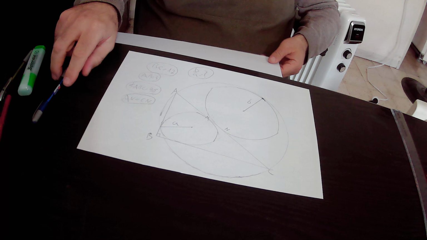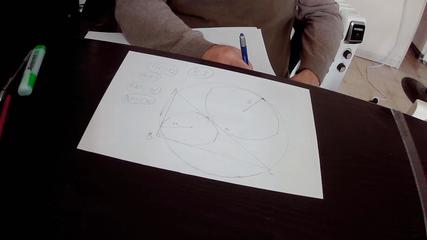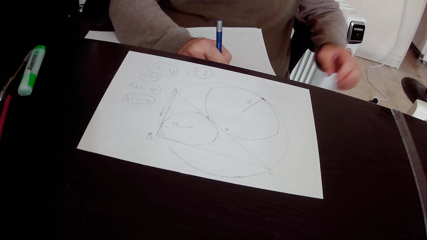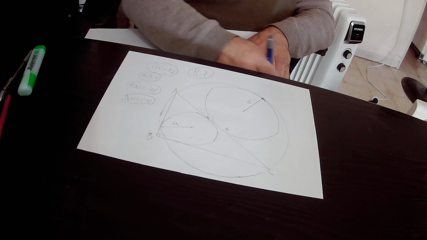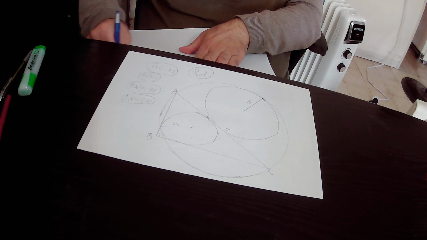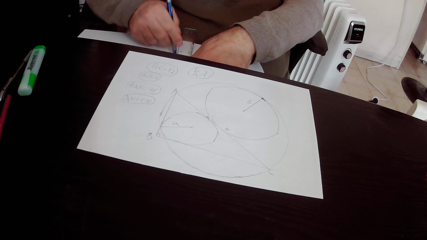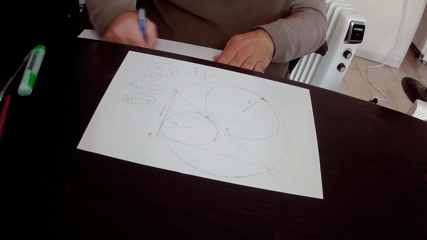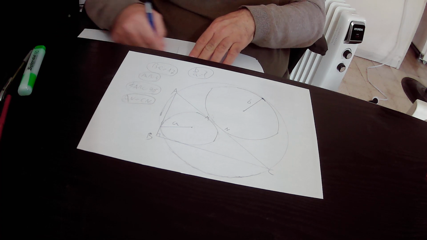According to the Pythagoras theorem, the equation for the Pythagoras theorem, in any right triangle, the square of the hypotenuse equals the sum of the squares of the perpendiculars.